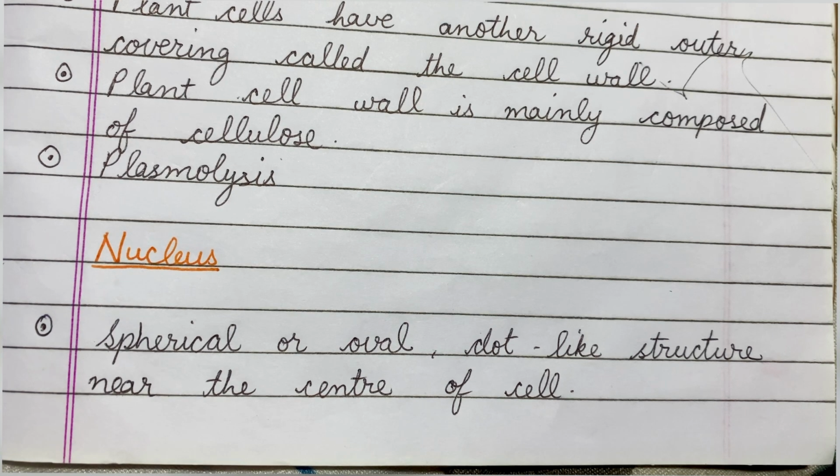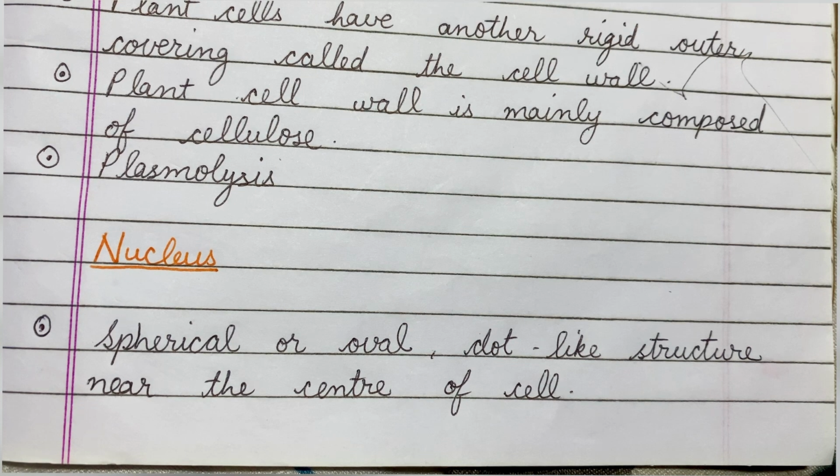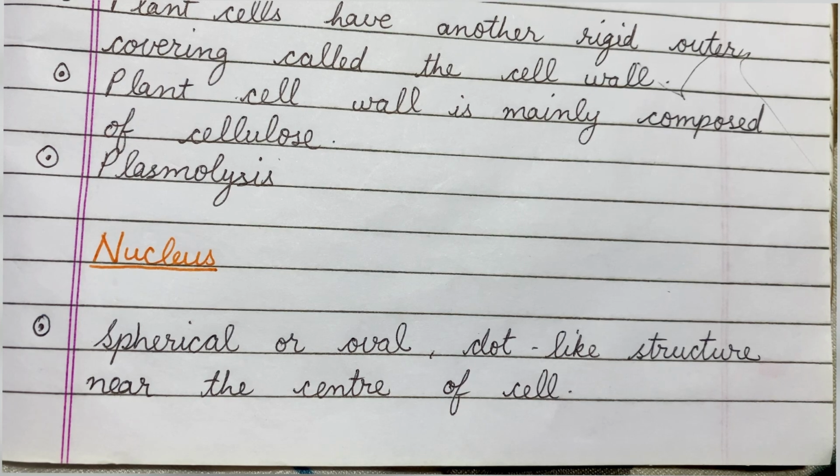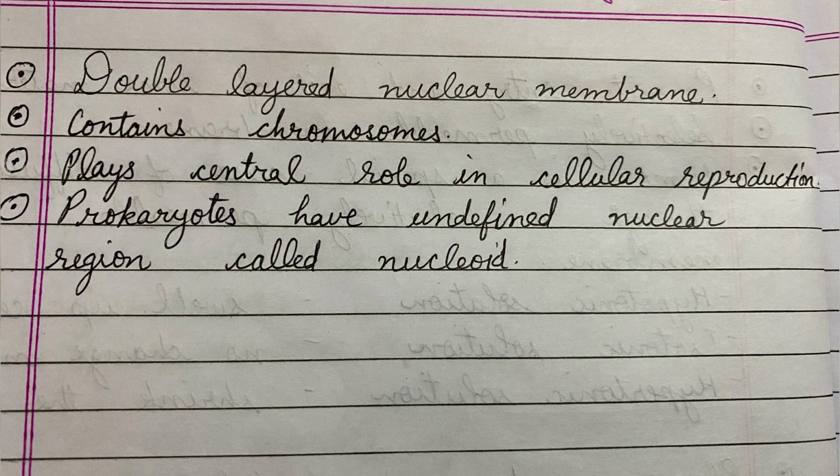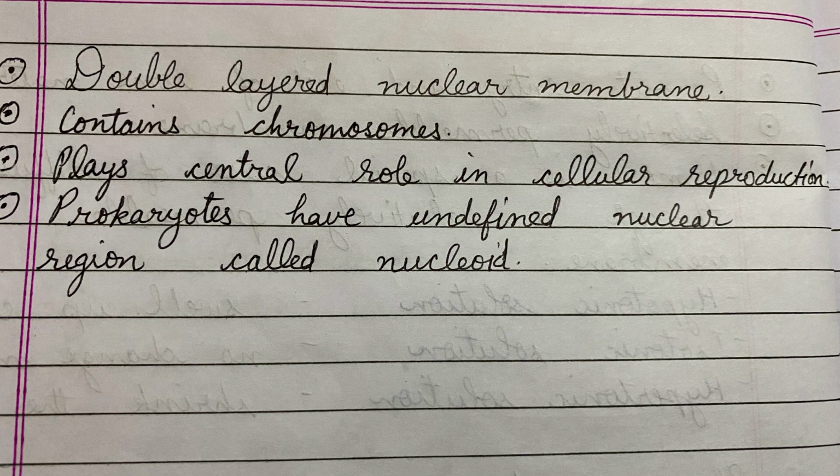Now, the next component of the cell is the nucleus, which is a spherical or oval or dot-like structure. It is located near the center of the cell. It has a double-layered nuclear membrane. Membrane-bound nucleus is only found in eukaryotes. It contains chromosomes which have DNA.